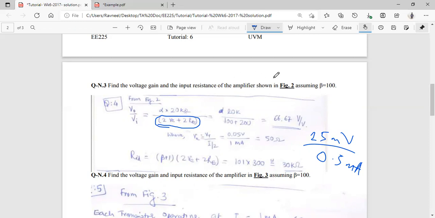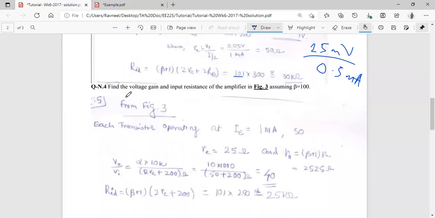We know our beta is 100, so beta plus 1 gives 101. And the other bracket is 2 times 50 ohms, that is 100, and 2 times capital RE is 200. So 101 times 300 gives me an input resistance of 30 kilo ohms.